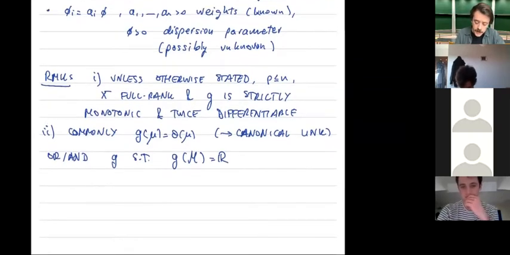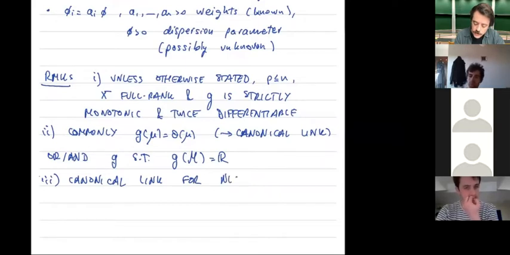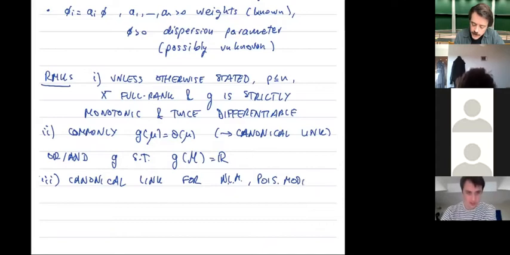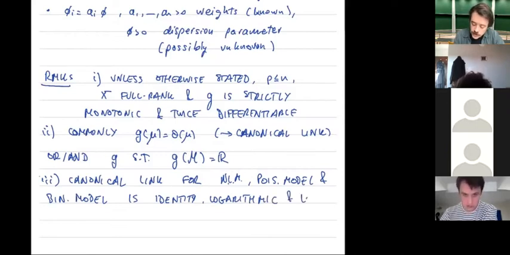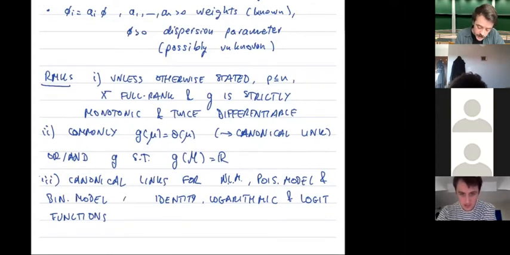Okay, and then maybe let me say, third, that the canonical link for the normal linear model, the Poisson model, and the binomial model is the identity function, the logarithm, and the logit function respectively. So the canonical links for these are the identity, logarithmic and logit functions respectively.